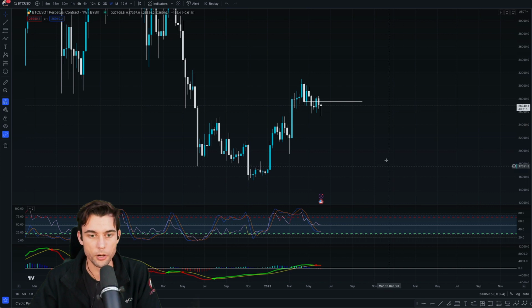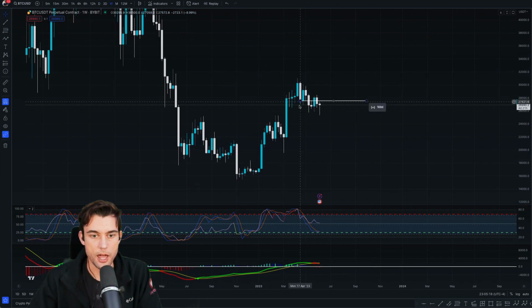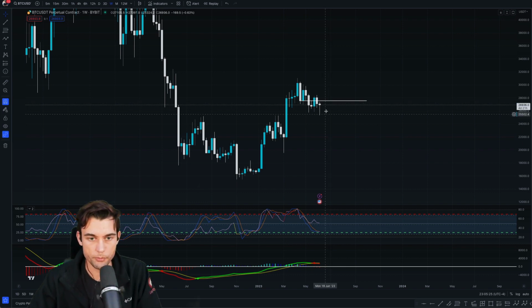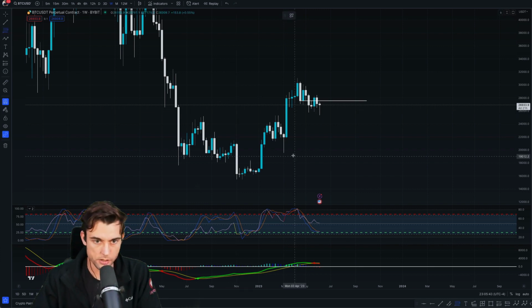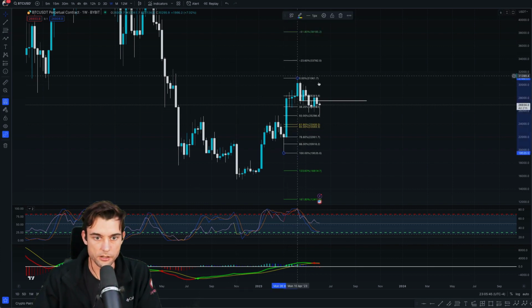So what I'm looking for is a move up to preferably get into a short position, and my target is going to be somewhere underneath the 50% for here. So my target is probably going to be right around here.